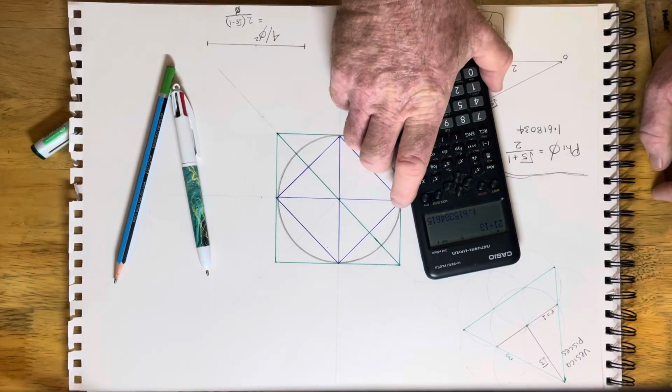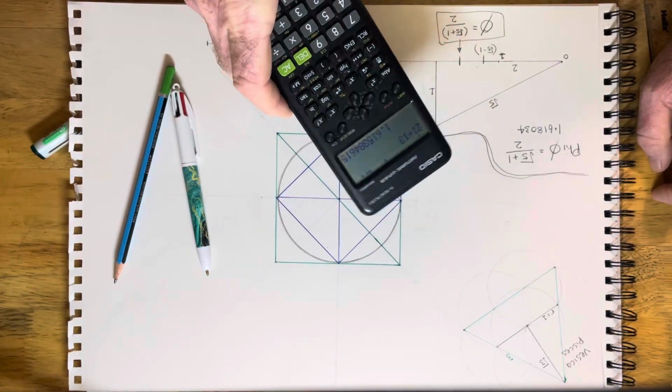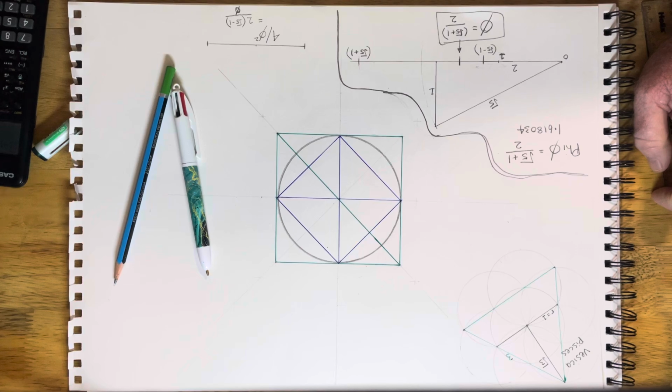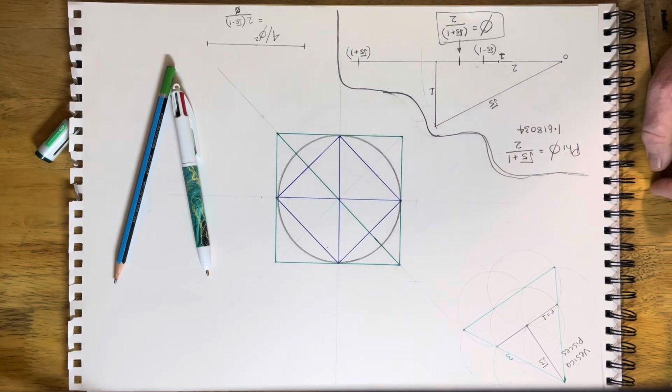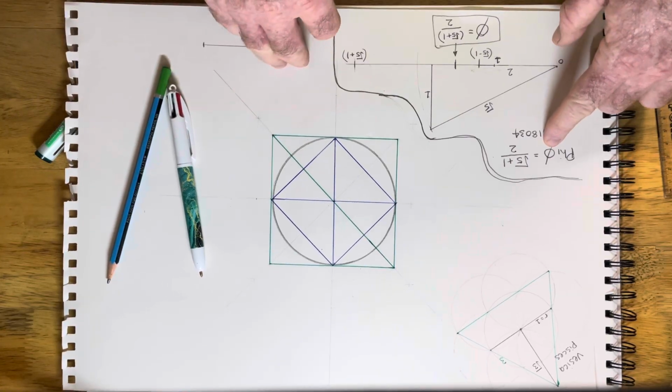It's getting close. But as we go further along that progression, we come closer and closer to this irrational number, which is called phi, and looks like that.